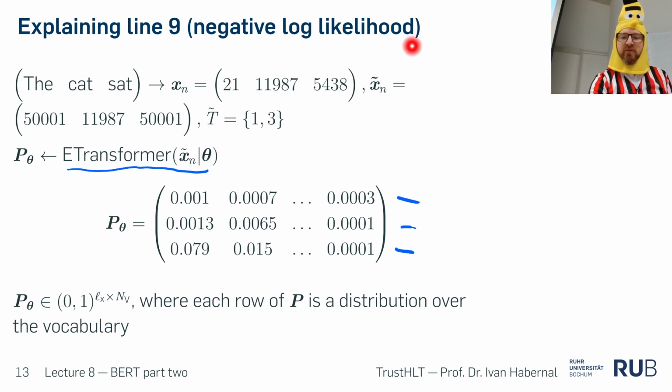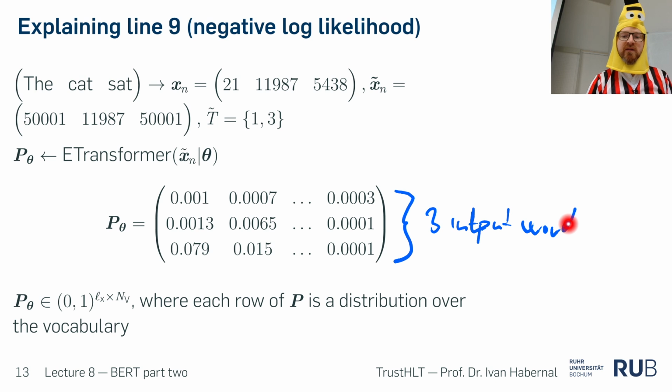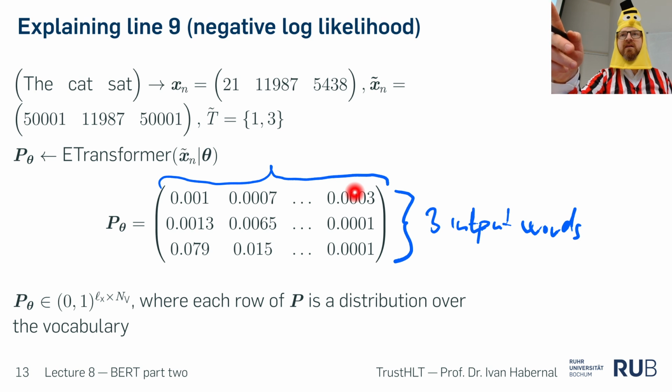Just a sanity check. What is this size corresponding to? Exactly, 3 input words. Okay, what is this dimension corresponding to? What is the number of columns here?